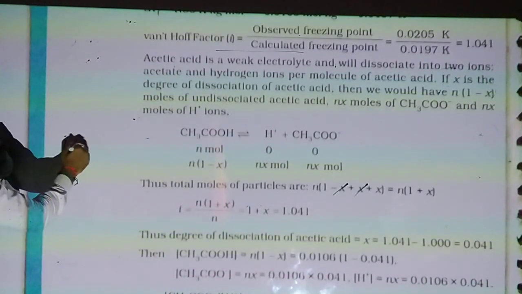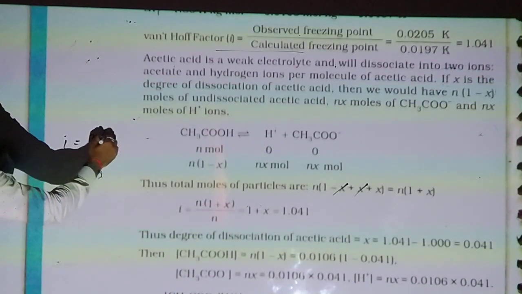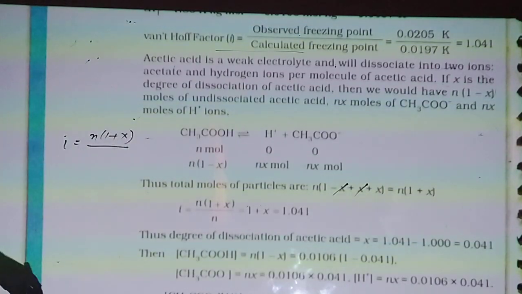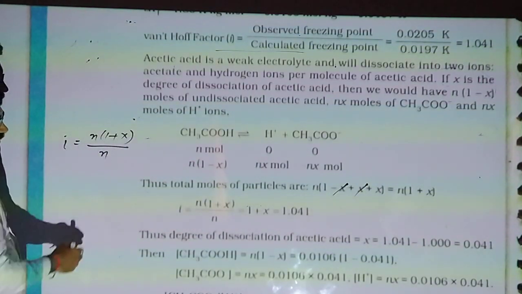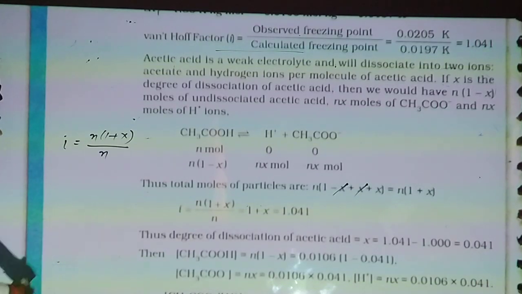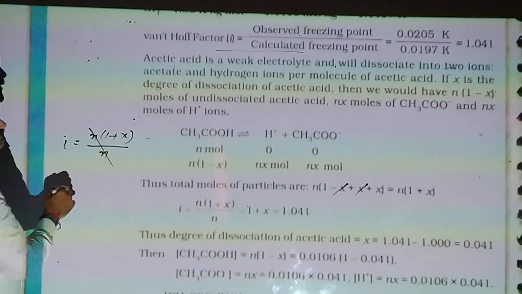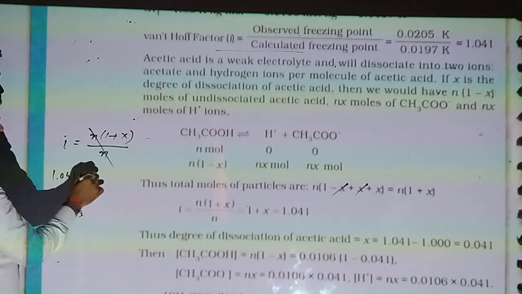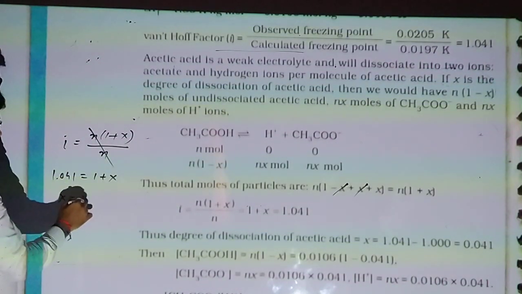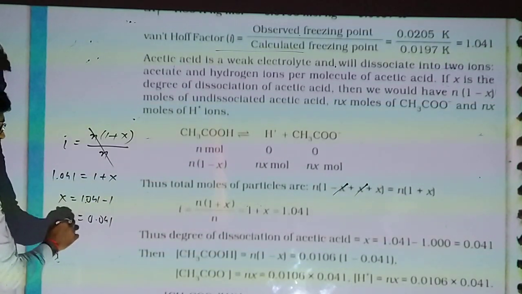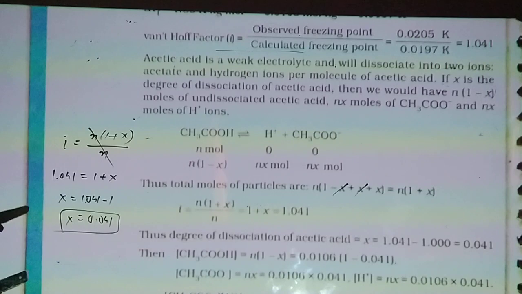So i is equal to n into 1 plus x, the moles at equilibrium upon initial moles. So n cancels, i is derived 1.041 equals 1 plus x. So x is equal to 1.041 minus 1, so 0.041 is the degree of dissociation.